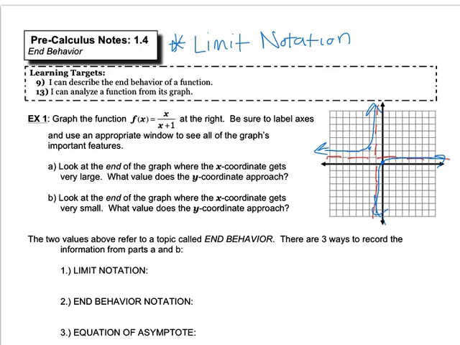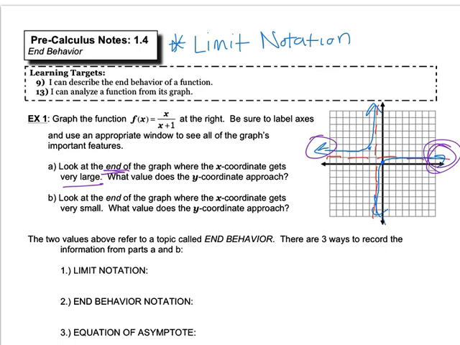And again, we're looking at the end behavior, and end behavior is exactly what it sounds like. It's what is happening at the ends of the graph. So this arrow down here, what's going to happen at that end, and this arrow over here, what's going to happen at that end. What value does the function approach? And if we look at the end of the graph where the x-coordinate gets very large, so over here, what y value is our function approaching?